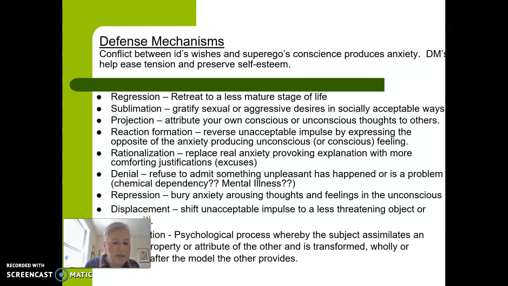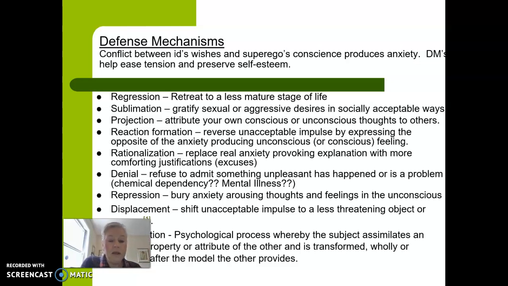Now, identification. The picture is blocked by my picture here, so I'm sorry about that. This one is called identification. What happens with this one, and this is one that we see happen in groups, is that the person actually changes to try to fit in or identify with someone who might be different from them.